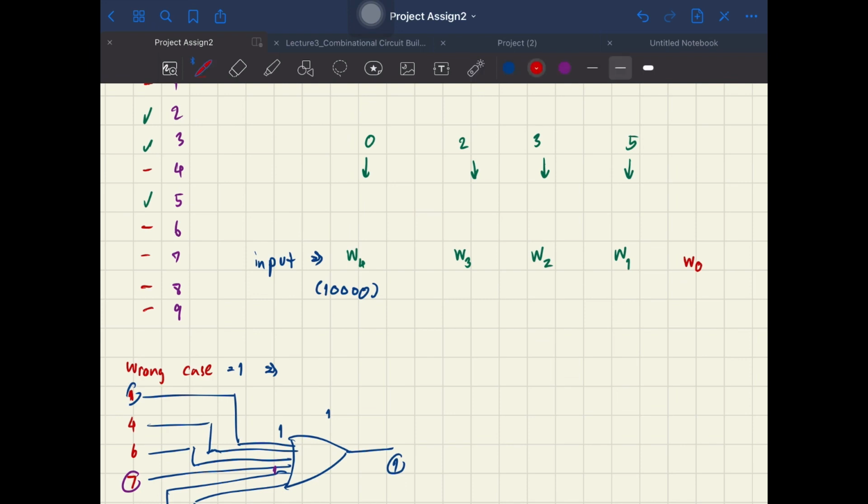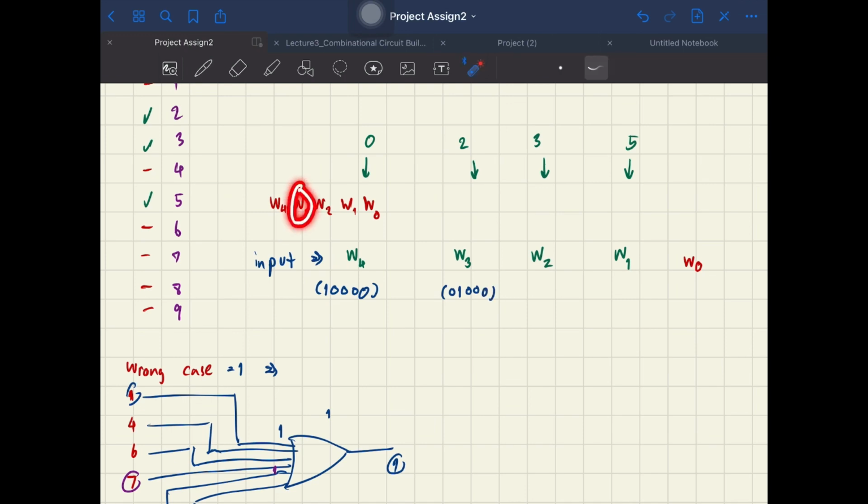So I will write it again as W4, W3, W2, W1, W0 as my input also. And what about W3? W3 is pressing 2, right? Press 2 is 0, 1, 0, 0, 0.